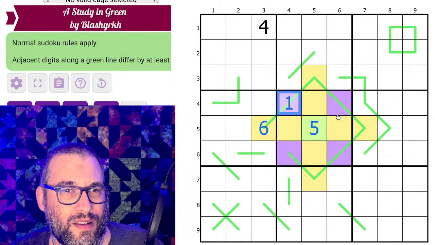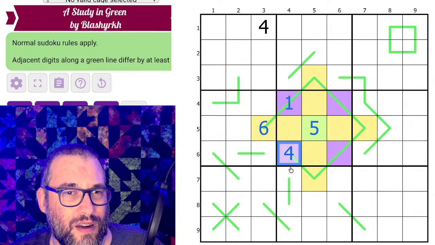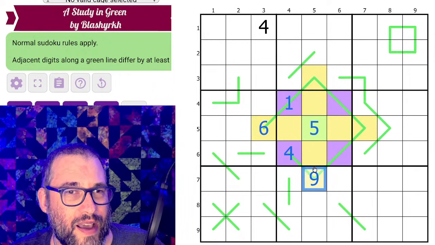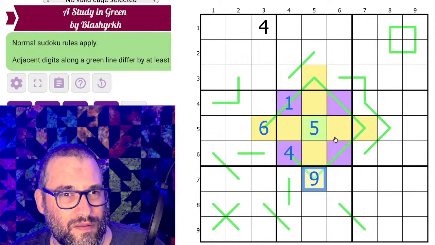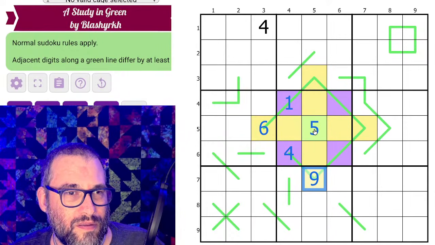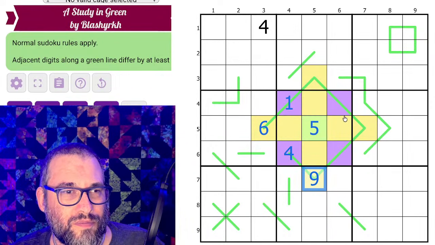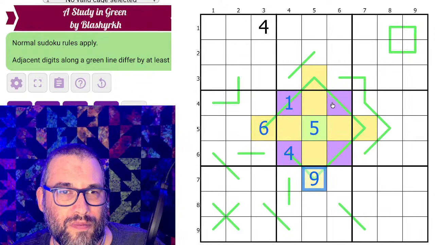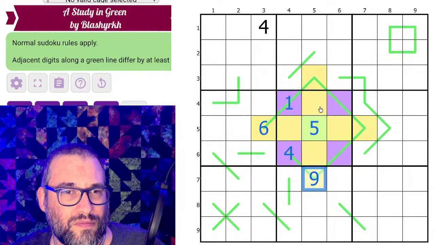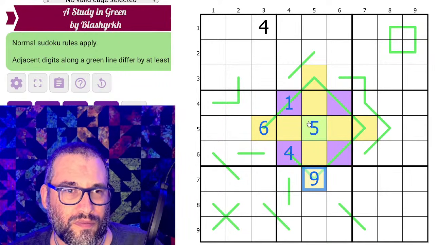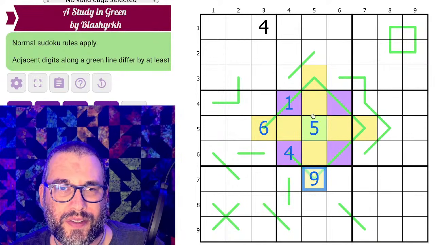And the 4 is going to have to go over here with the 9. Let's see.